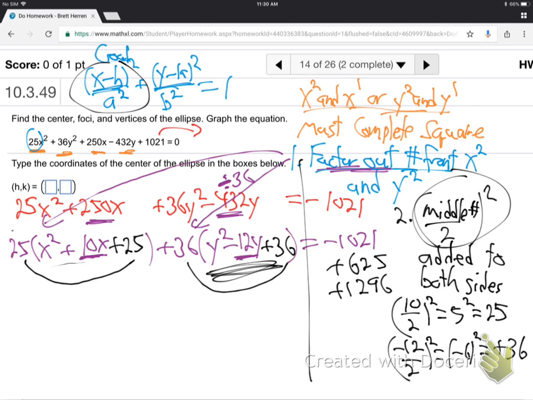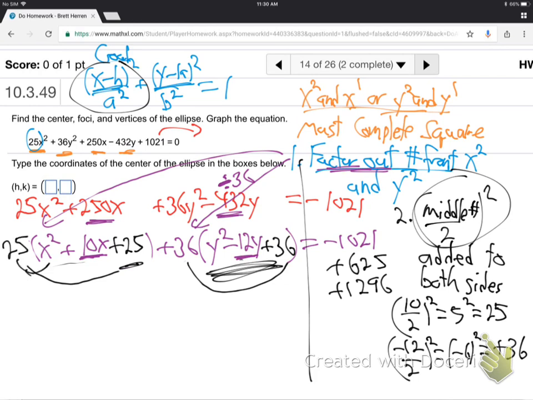Now I want to make sure that I know that looks weird what I just did there. If you were to distribute out this, did everybody see why I had to do that? I didn't have to do that back. It's because of this stinking 25 in the front there. If there was no number in the front, I would say, look, I added 25 to the right side, just add 25 to the other side, no big deal. 25, 25. But the problem is there was another 25 here.